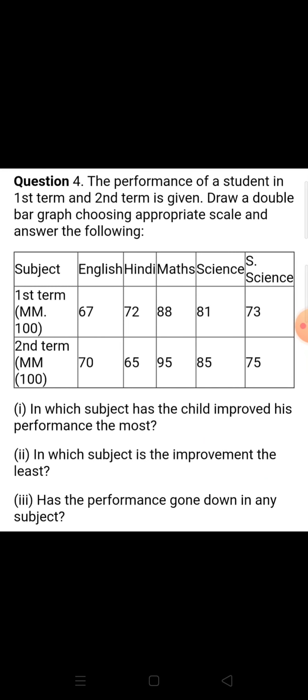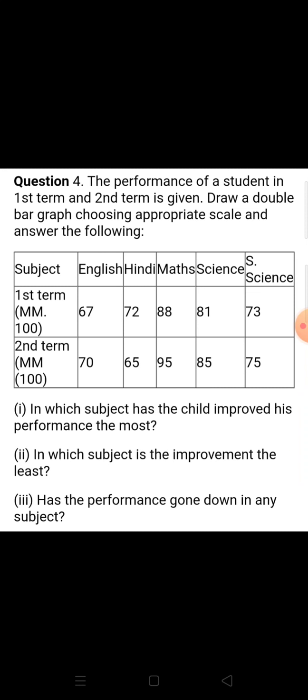So green represents 81 and pink represents 85 for science. Again we give a space. Next subject is SST, 73 and 75. So green represents 73 and pink represents 75. So this is called a double bar graph. You will draw this bar graph on the graph paper.